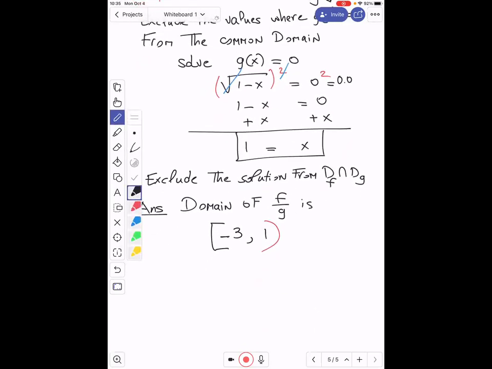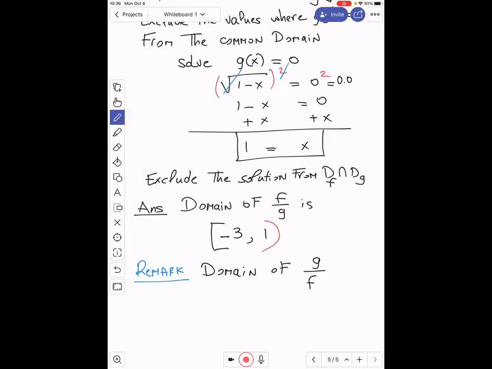If you want to find, let's say, the domain of g over f, here we are dividing by f, right? Because we are dividing by f, we need to make sure that f is not 0.